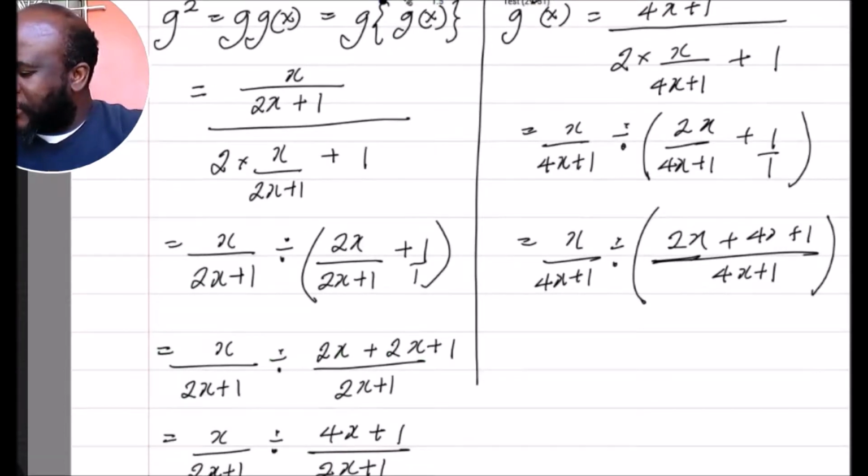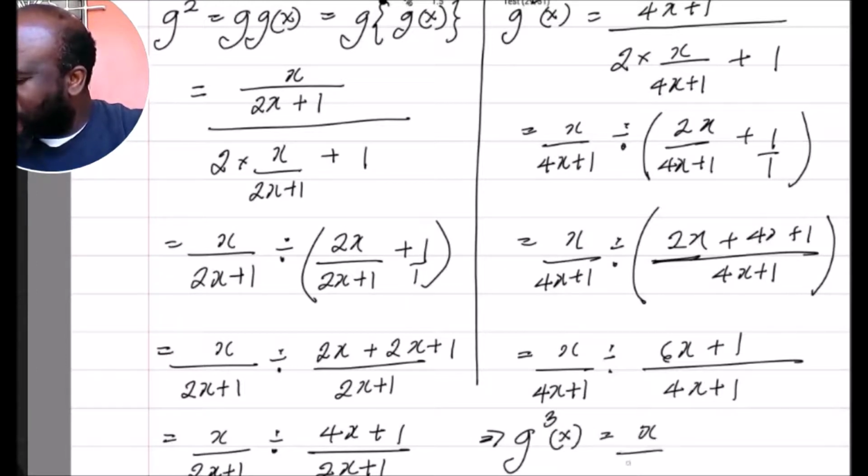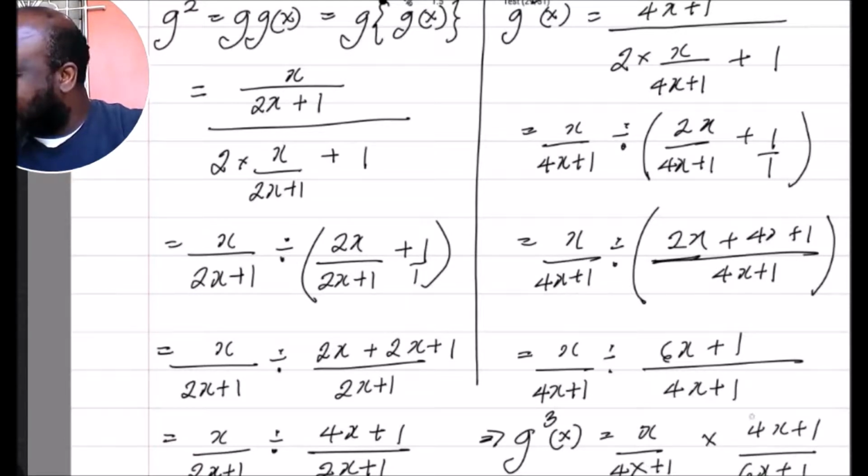So what we end up with is x over 4x plus 1 divided by, at the top we have 6x plus 1 over 4x plus 1. Therefore, g cube of x is x over 4x plus 1 multiplied by 4x plus 1 over 6x plus 1. These two cancel.